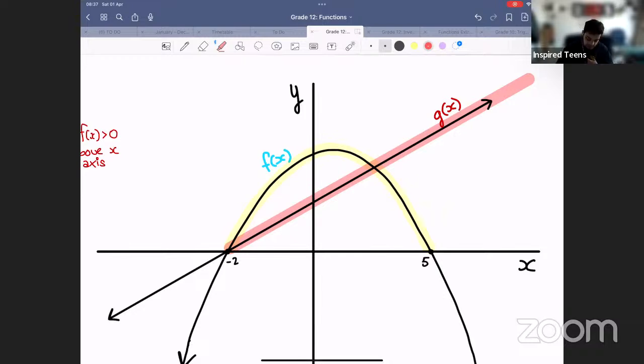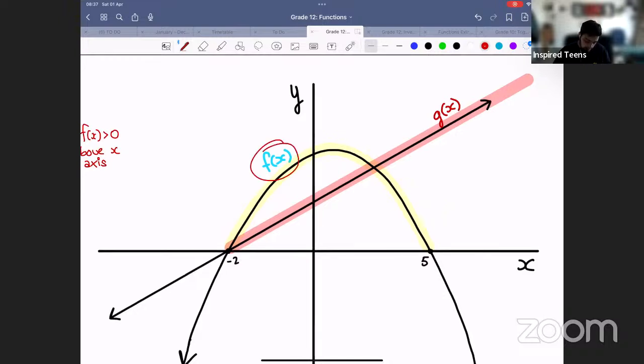So when we look at this, firstly, someone tell me what is the most left value for f of x for this interval that I've drawn, for this highlighted part. What's the most left value for f of x for the highlighted region? -2, right? Correct. So for f of x, this is my most left value.